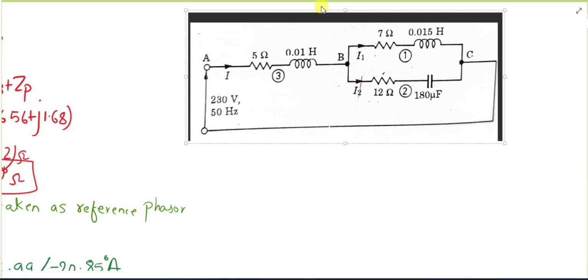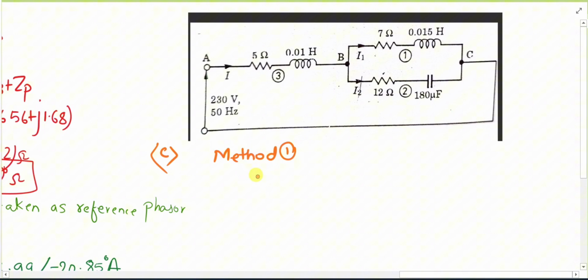Now in order to identify the current flowing through each branch, first you have to identify the voltage drop across each impedance. This one is our Z3. Let's name the voltage VAB. This terminal is A, this terminal is B, so we are identifying the voltage drop across AB.